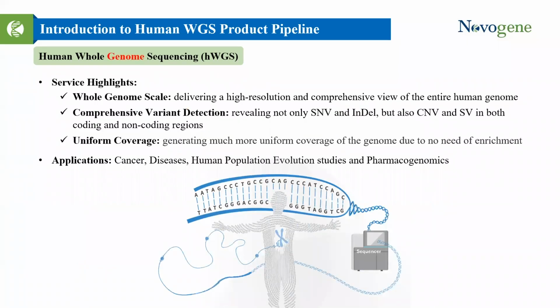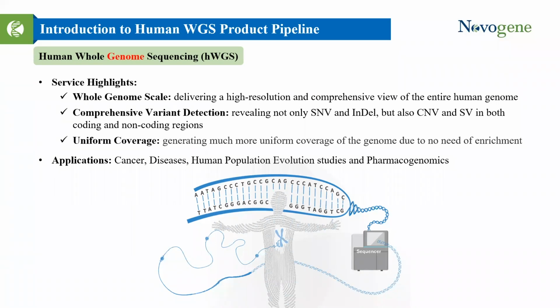So, what are the highlights of our human hWGS service? First one is the sequencing scale. We deliver a high resolution and comprehensive view that covers the whole human genome. Meanwhile, our variant detection service reveals all 4 kinds of variants in the genome, regardless of coding or non-coding regions.